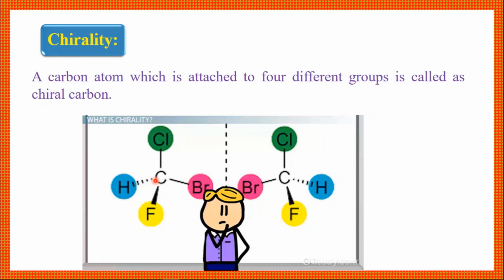Presently the terms dissymmetric or chiral carbon are used. It was found that many organic compounds which are optically active have one thing in common, that is the presence of a chiral carbon.